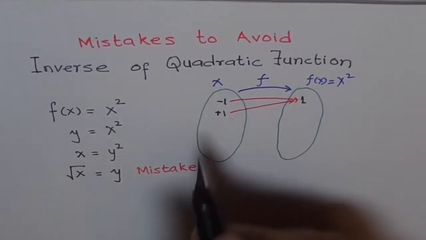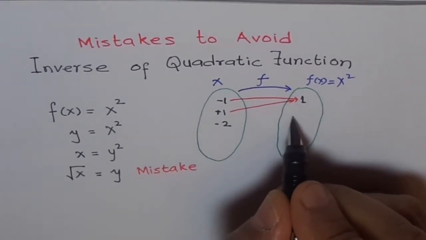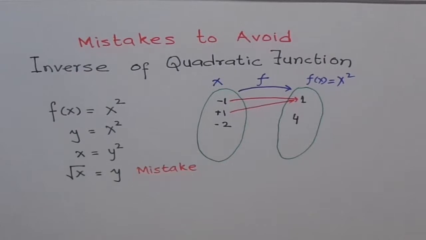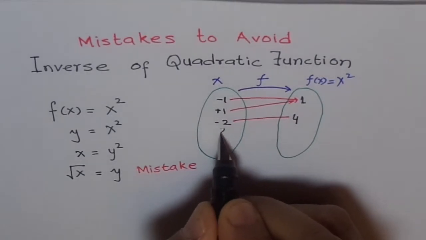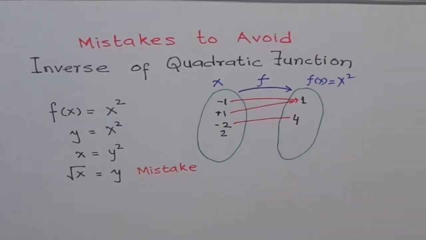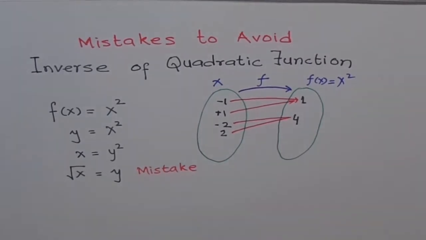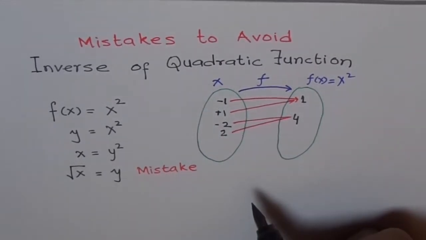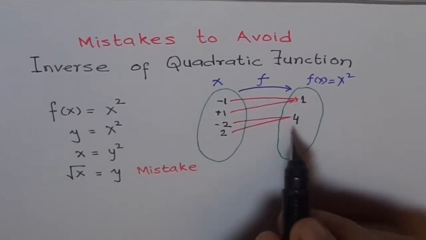Similarly, if I have a value -2, I get -2 squared, which is 4, correct? And is there any other number whose square is 4? Yes, the number 2 will also give me 4, correct? In fact, in a quadratic function, every real number, positive and negative, will give the same value as its absolute number, right?